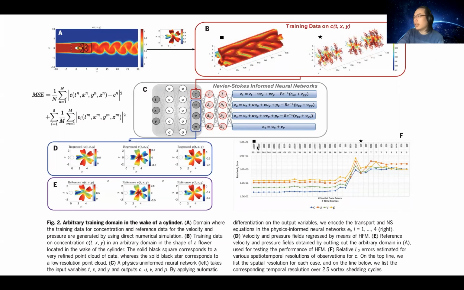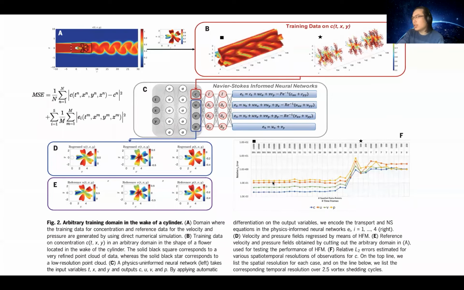So for example, the square just means we have 15,000 data points on X and 201 time snapshots. And the star just means we have 500 data points on X and Y, I should say, in space, and 13 time snapshots.